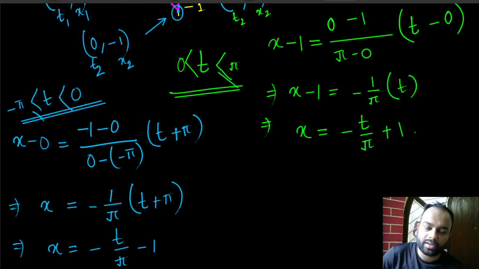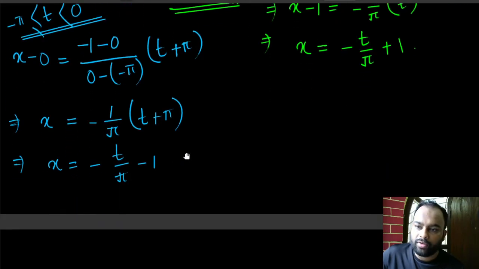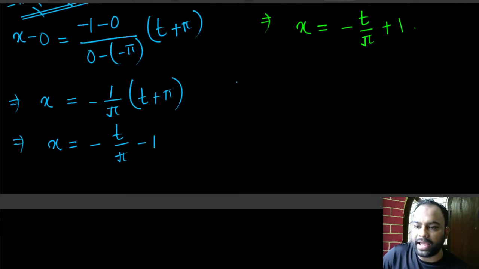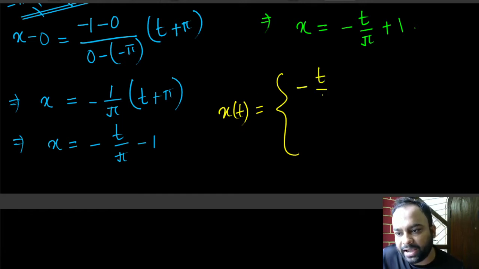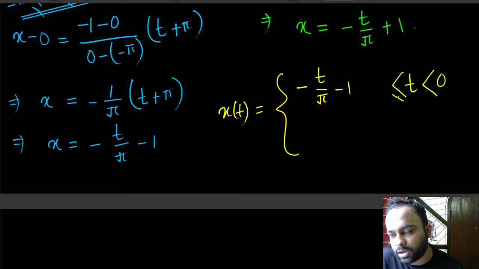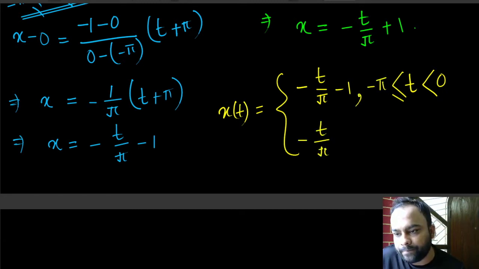Now for that signal which you somehow couldn't express in mathematical form, this is going to be the mathematical form. So x(t) for this signal will basically have two portions. One can be expressed as minus t by pi minus 1 with this limit, and the other would be minus t by pi plus 1 with this limit.